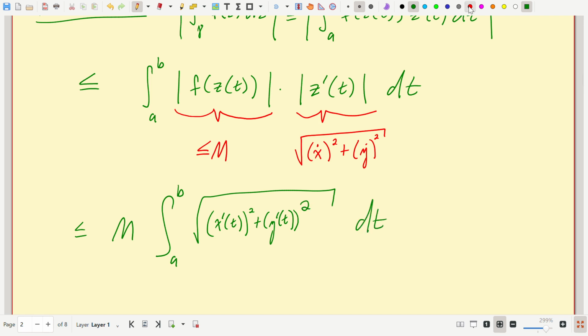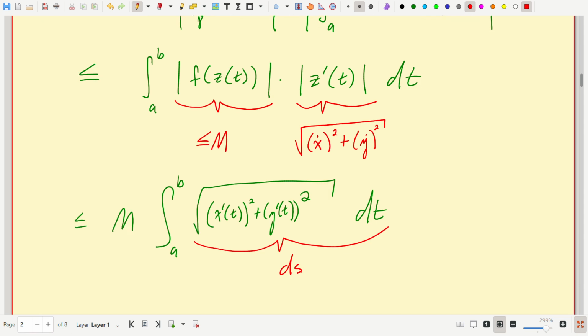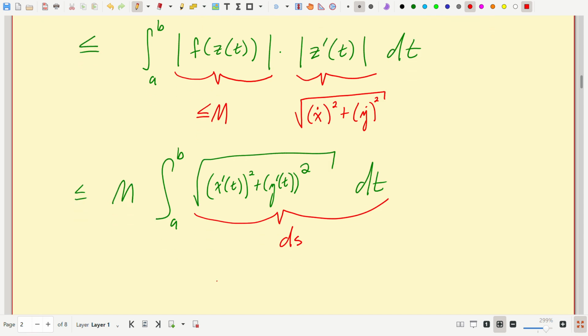That's the element of arc length from sophomore calculus. That's ds. And so that integral is just the length of the curve. You could take that symbol to be the definition of the length of the curve, but it's what you're familiar with from sophomore calculus.